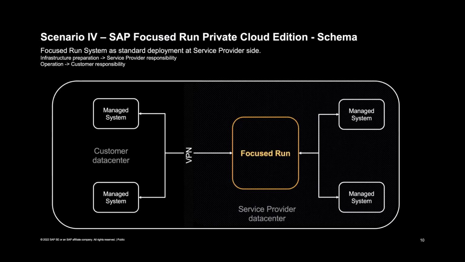For those scenarios, we are going to publish a document in the expert portal, which especially describes what kind of infrastructure preparations can already be provided by the service provider in such scenarios to speed up the setup process at customers.